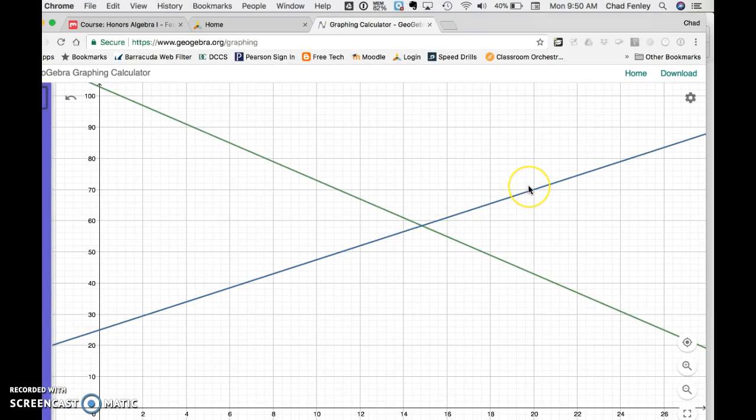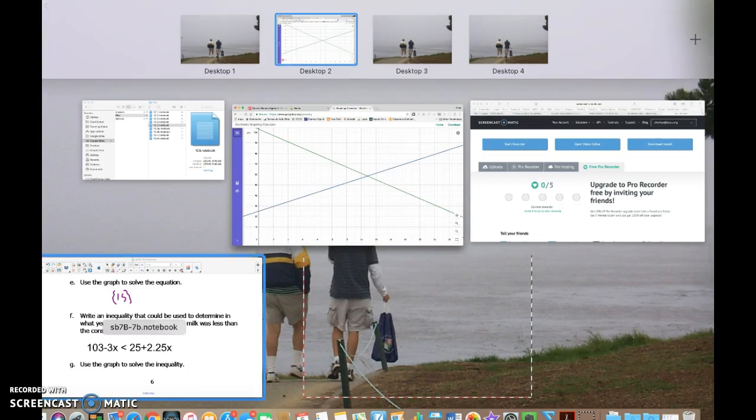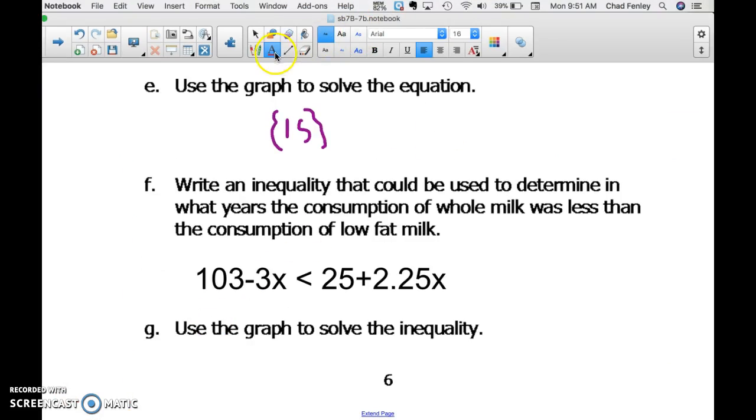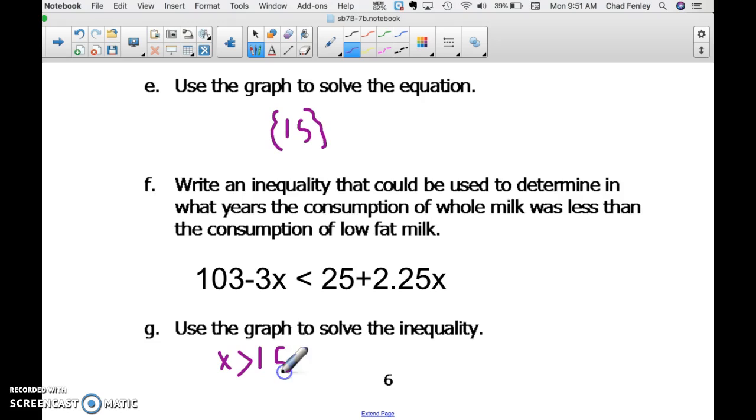It's when x is greater than 15, because when x is greater than 15, the low-fat consumption was greater than the whole milk consumption. So I would say in the solution set, x is greater than 15.